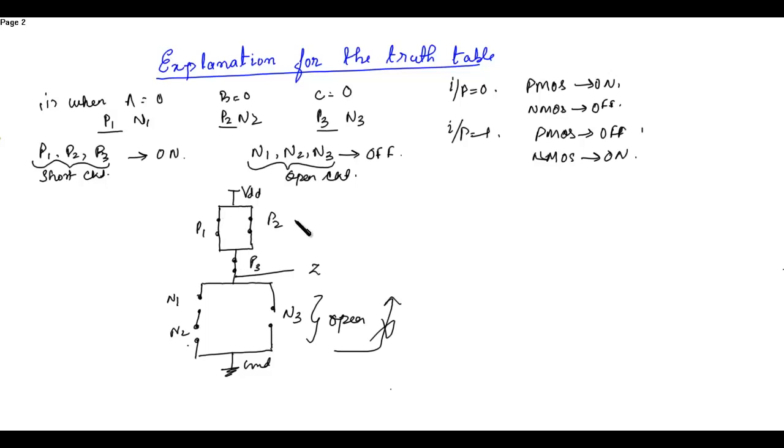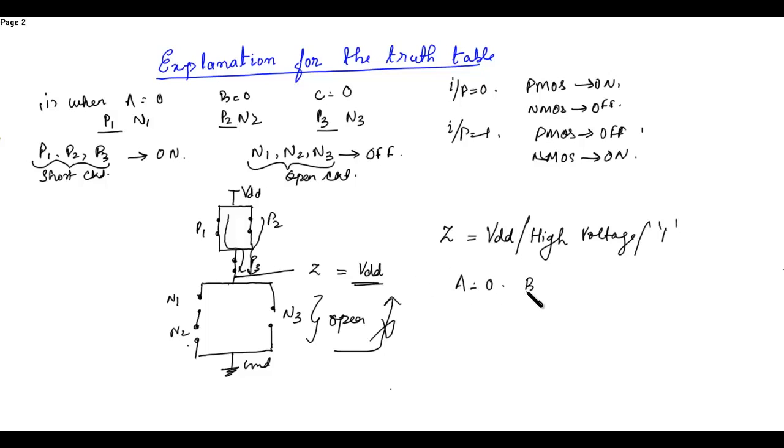P1, P2, P3, all three are short circuited, so they create a path over here. So the output obtained will be VDD. So Z has a value of VDD, or you can say high voltage or 1. So when A is equal to 0, B is equal to 0 and C is equal to 0, the output obtained is 1. This is the proof.